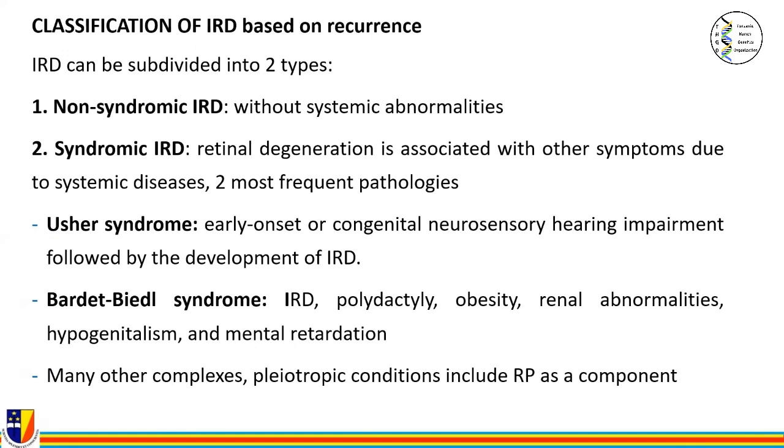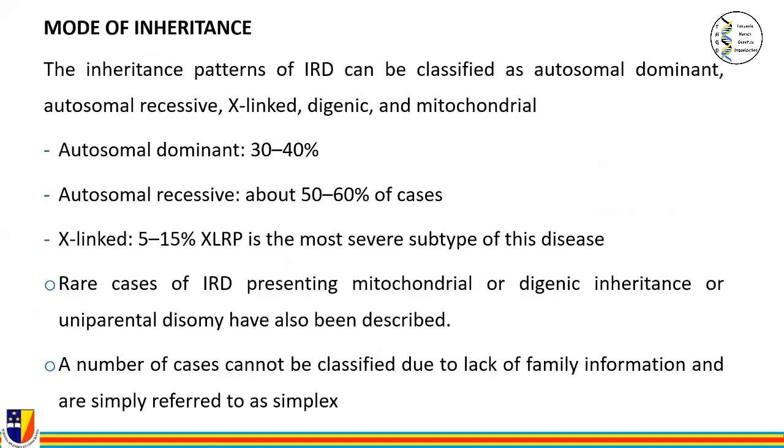The inheritance patterns of RAD can be classified as autosomal dominant, autosomal recessive, X-linked, digenic, and mitochondrial. The autosomal dominant form concerns 30 to 40% of cases. Autosomal recessive is about 50 to 60% of cases, and the X-linked form concerns 5 to 15% of patients and is the most severe subtype of the disease.